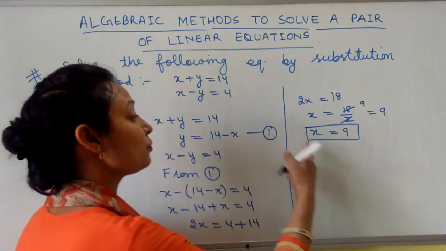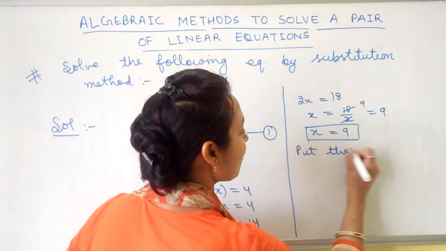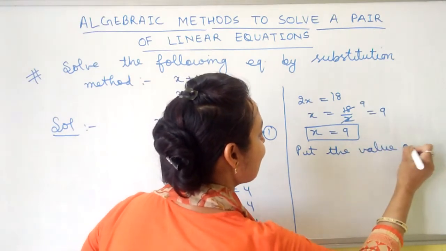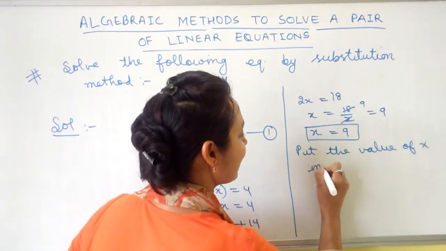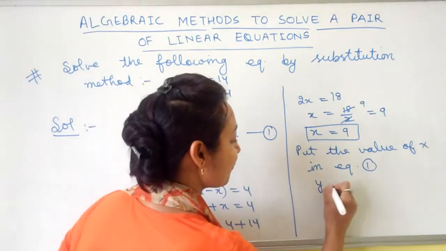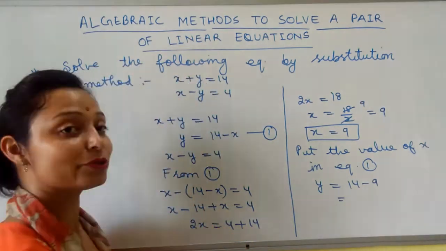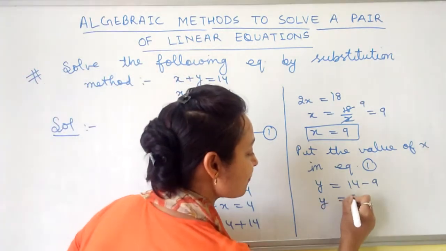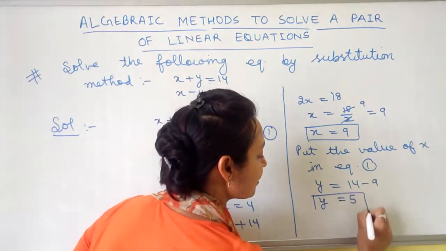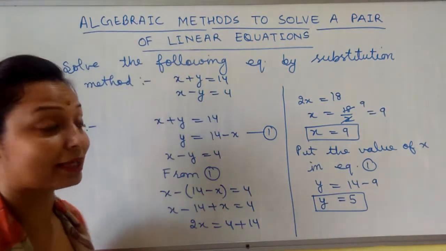Now come to the value of y. Put the value of x in equation 1. Put the value of x: 14 minus 9. 9, 10, 11, 12, 13, 14. That is 5. So this is the way to solve the equation by substitution method.